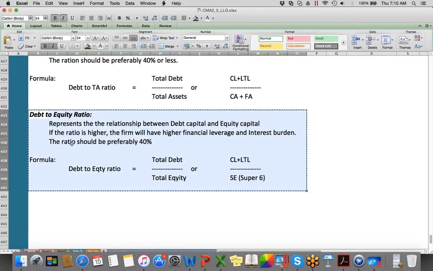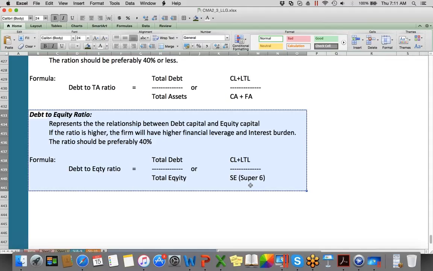So in the debt to equity ratio, we have long term debt and current debt expressed in terms of shareholders' equity, giving the debt portion in terms of the total equity invested in the business.